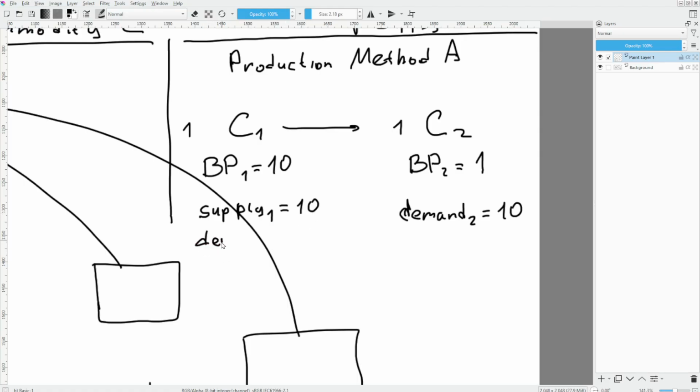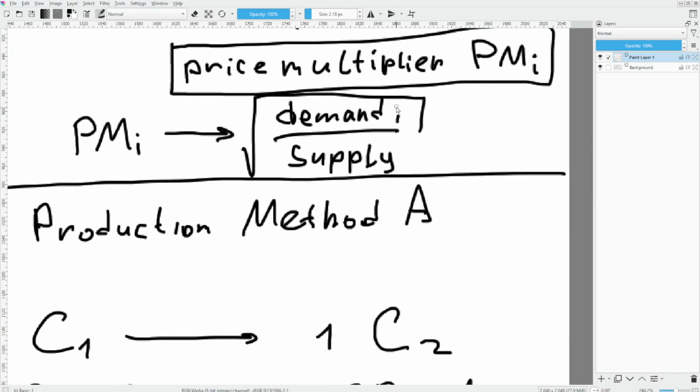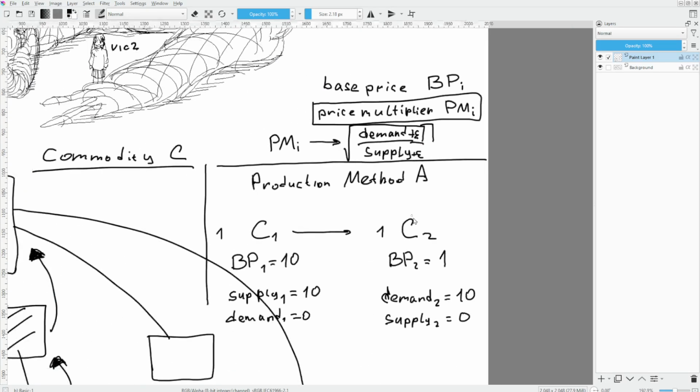But here we have demand 1 equal to 0, and here supply 2 equal to 0. So we have a certain supply of commodity C1. We have demand of commodity C2. Well, of course, there should be a certain epsilon, because it should resolve the singularity.